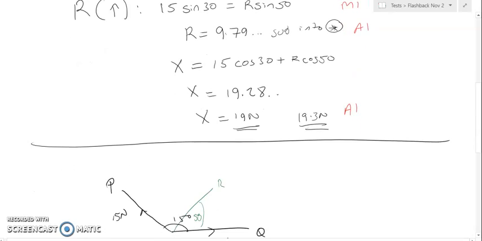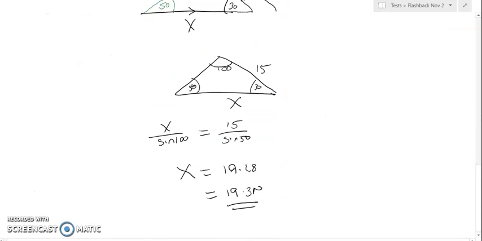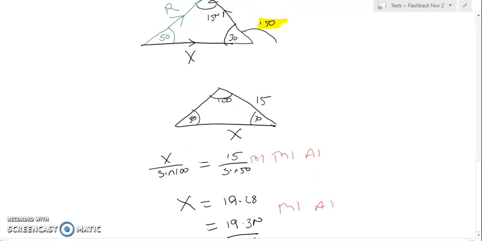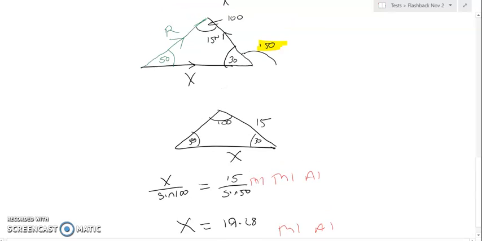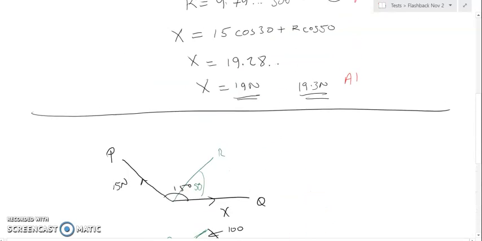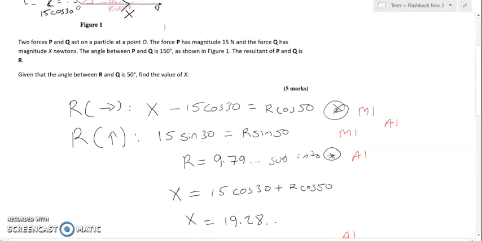So those are your 5 marks in the first method. In your second method, because most of the work was in the triangle drawing, just getting the sine rule correct, if you got the values in the correct order, then you'd probably get 3 marks for doing that, and then a method mark and an accuracy mark for just solving. But as I say, the hard work is in doing the sketch for that, if you use that method. Okay, so that's question number 11.